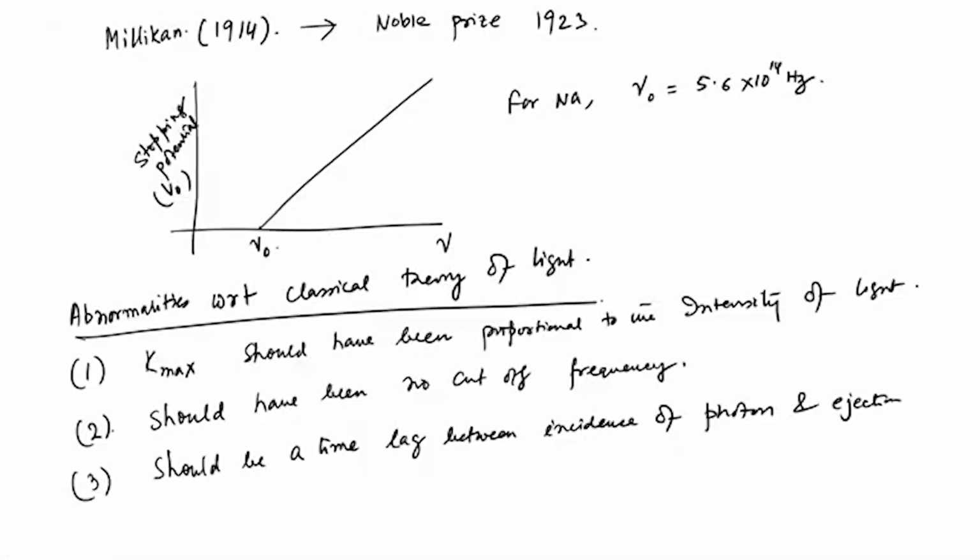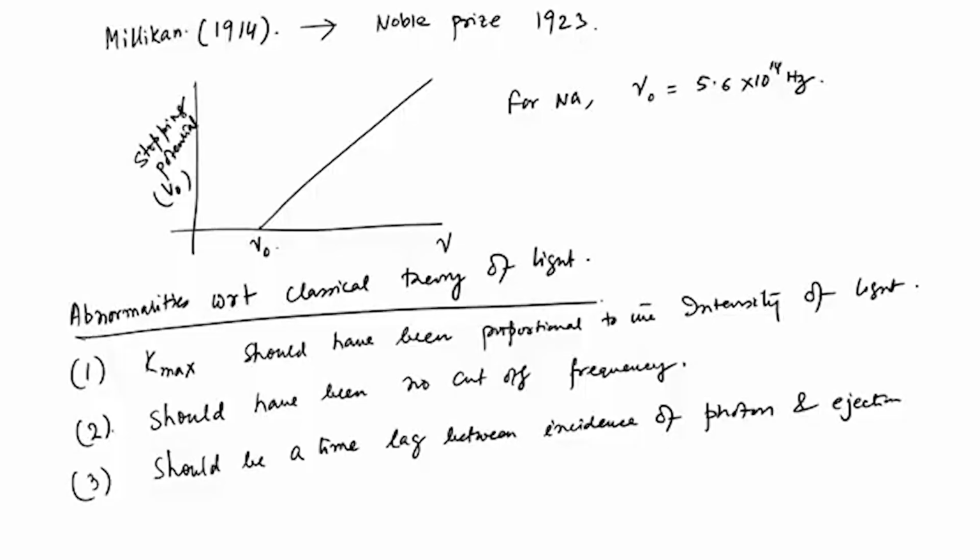Okay. Millikan extended this and wanted to find out whether the stopping potential has any dependency on the frequency of the radiation or the light, and he found that there is indeed a threshold frequency nu 0, below which, for frequencies below nu 0, no photoelectrons will be ejected out of the metal plate.